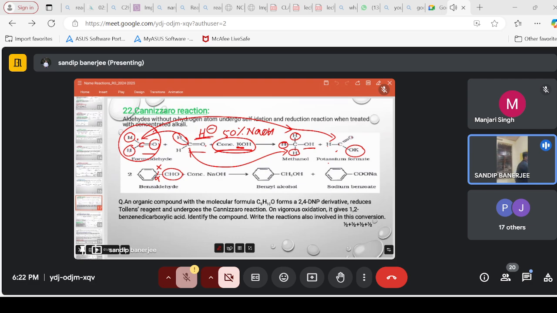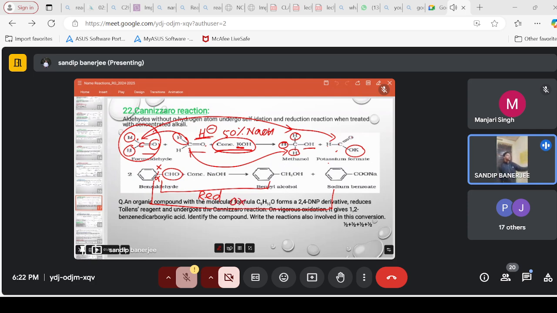You can see this benzaldehyde is forming benzyl alcohol. This process is nothing but reduction where H minus is taken up, and the second molecule is giving you sodium benzoate by oxidation.